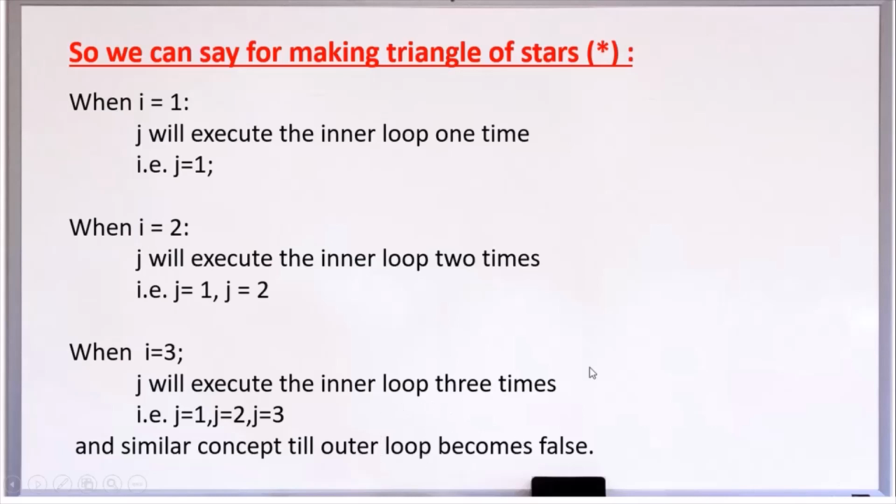So when i is 1, then j is 1. In this way, all the programming of triangle of stars works. There are many more programs you can do with the help of nested loops, isn't it? So now we will go for the practicals and we will see whether the concept of loops and nested loops is different in practicals or is the same.